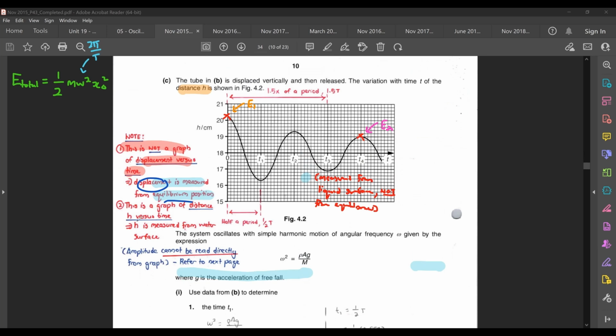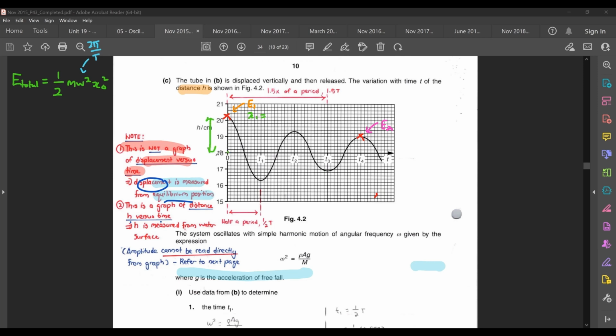So right now, if you have a graph of h versus time, you want to get amplitude so that you can use this equation. You cannot read this value directly that you have here. Neither can you read the value directly here. You have to do something with it first. So your amplitude for E1 or X1 here is actually the difference between these 2 points.